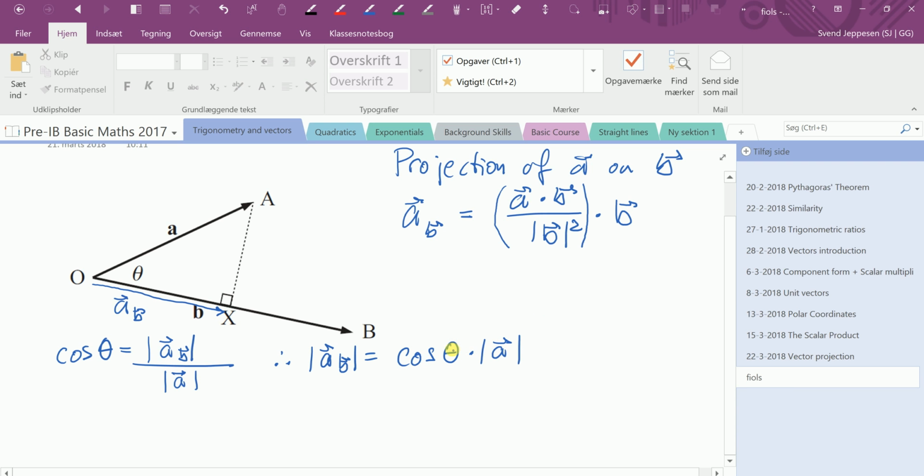But we would perhaps like to know this in terms of the vectors and not so much the angle here. So it would be nice if we could replace the cosine by something else, and we want it to look a bit like this.